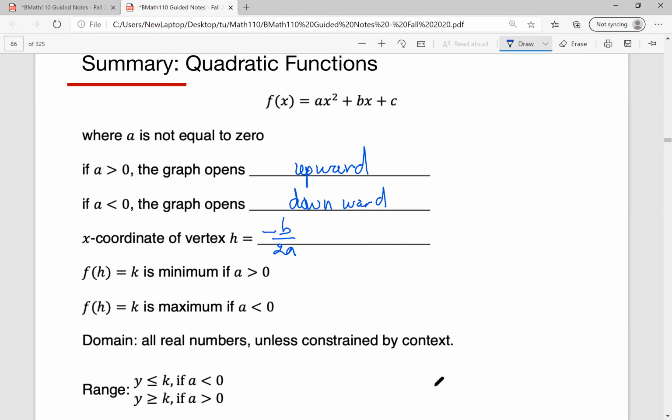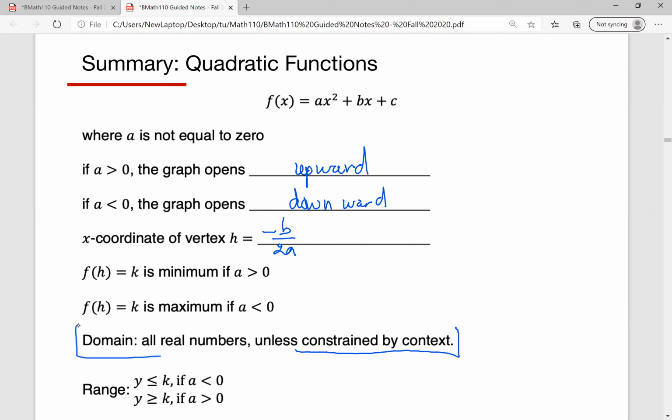Domain is all real numbers unless constrained by context. So that means what? If you are looking for the domain of just a function, it should be all real numbers. But if you are looking for the domain of the word problem, then it should not be a negative number, right? It should be positive from somewhere to somewhere, but you need to find it. Make sure the range also is positive.